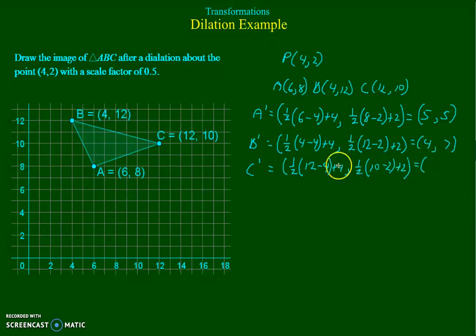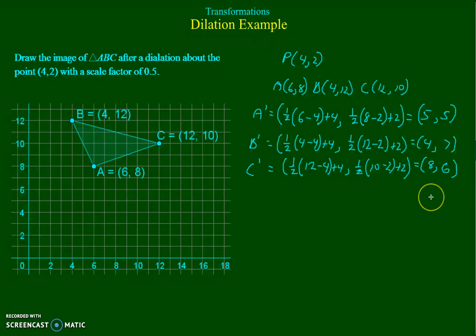And lastly, 12 minus 4 is 8, divided by 2 is 4, plus 4 is 8. And 10 minus 2 is 8, divided by 2 is 4, plus 2, 6.